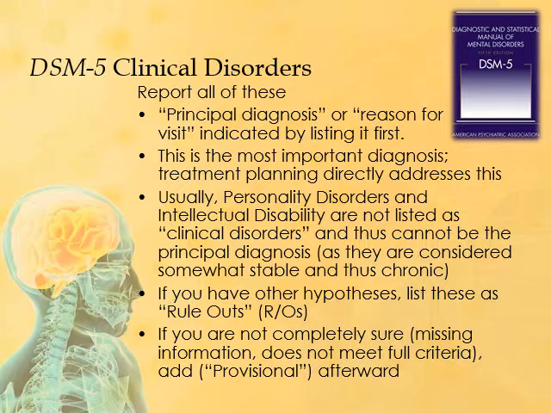In addition to rule-out, there's a further classification, which is called provisional. Provisional is very useful, especially when you're seeing a client for the first time, because often you do not have the complete picture. You're not completely sure of what the diagnosis is because you may be missing information, or the client doesn't meet full criteria. They haven't met the time length, for example, for depression, or they haven't met all of the symptoms for depression. But you're pretty sure that they have major depressive disorder.